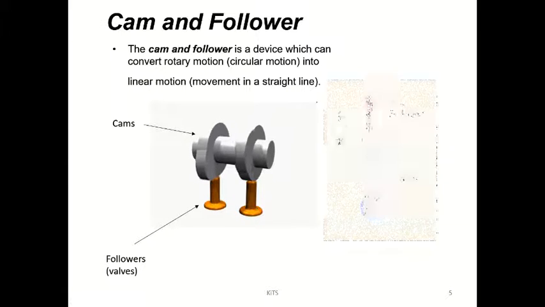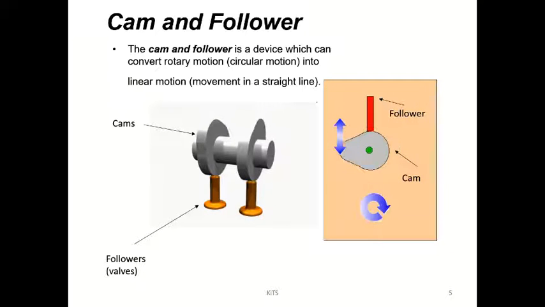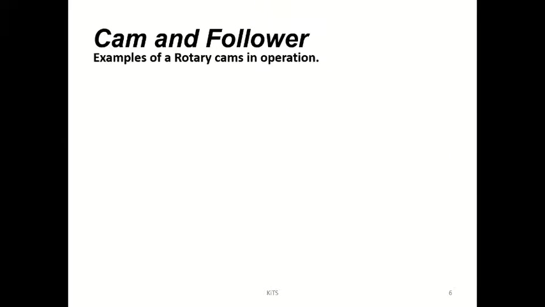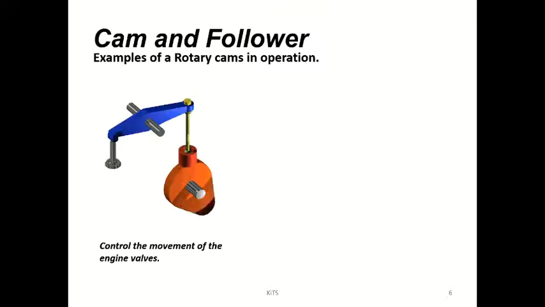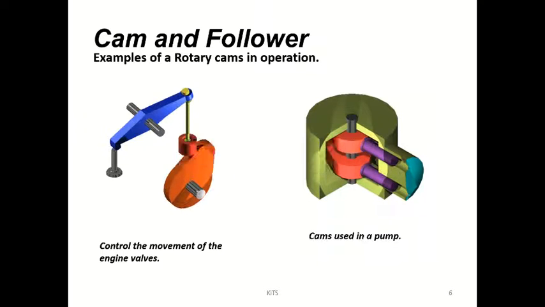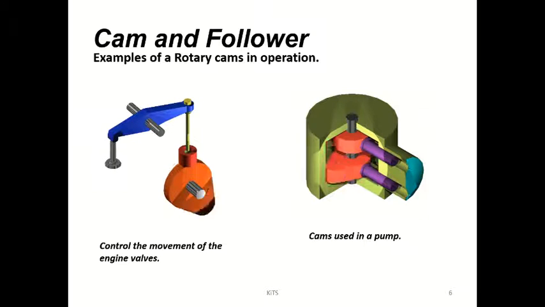The same is shown here also. The cam has rotary motion, and this follower, the red one, has linear or reciprocating motion. It is used to control the movement of the engine valves. Cams are also used in pumps.